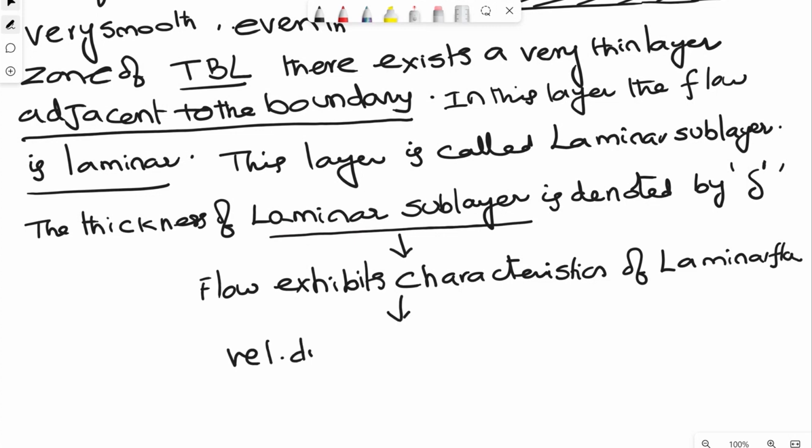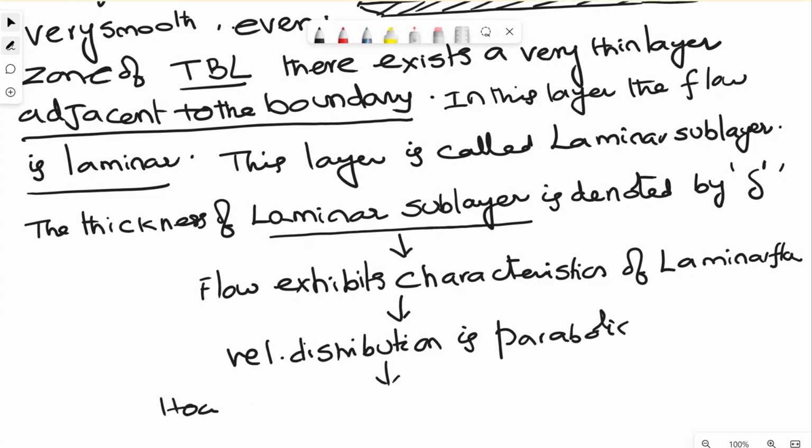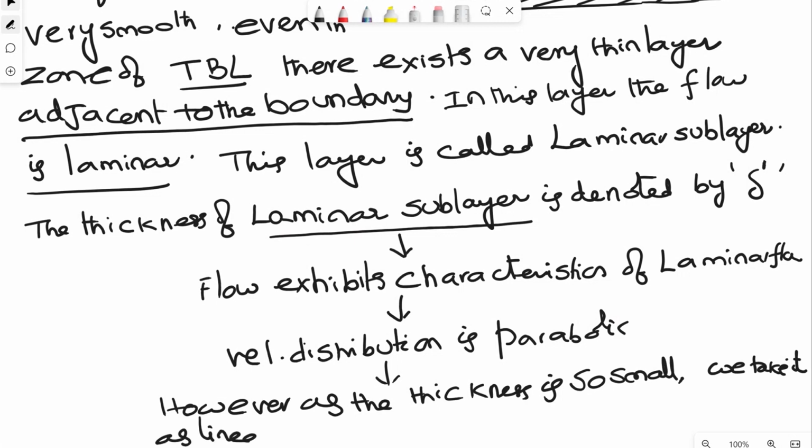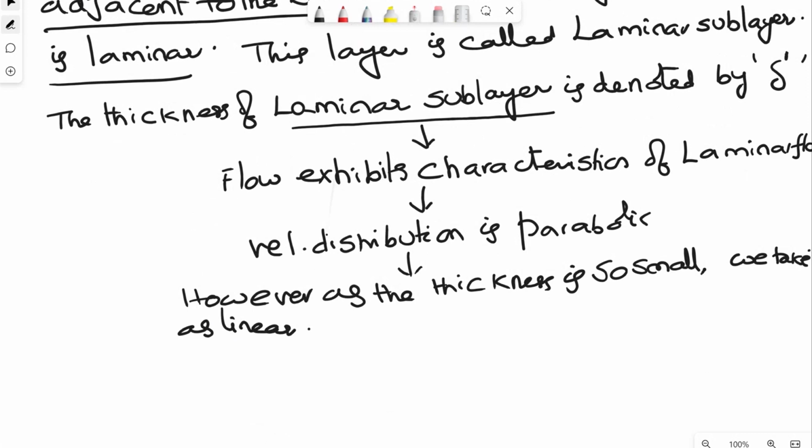Velocity distribution is parabolic. However, as the thickness is so small, we take it as linear. Right?